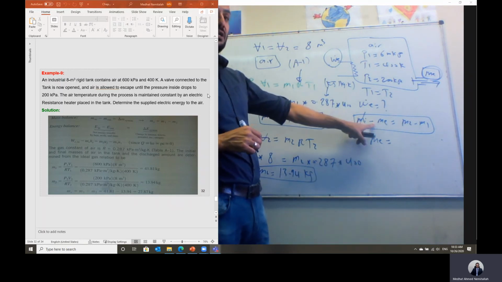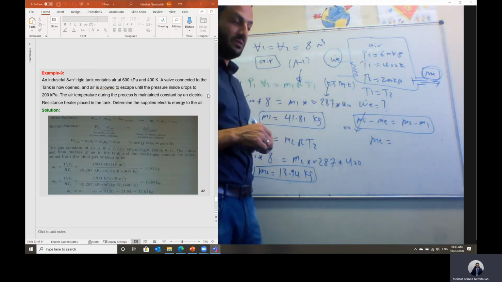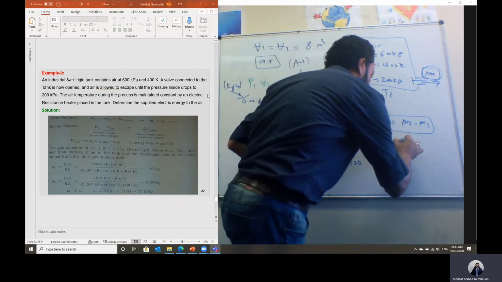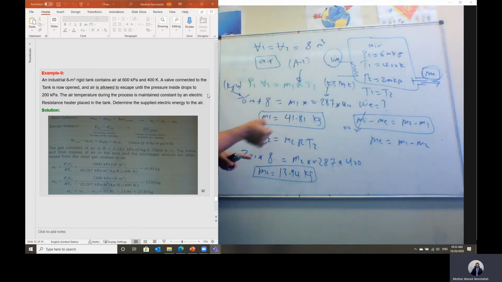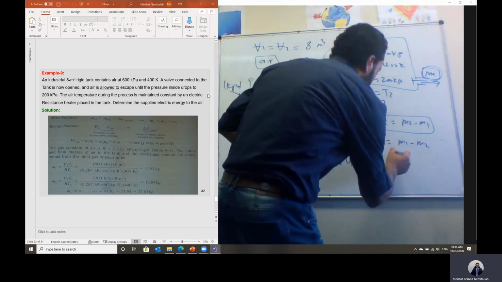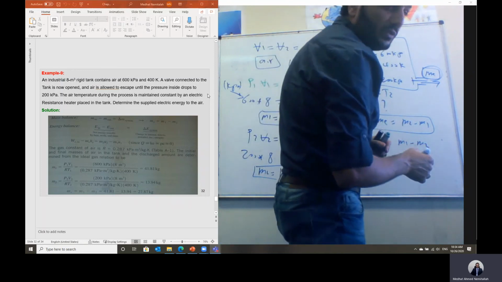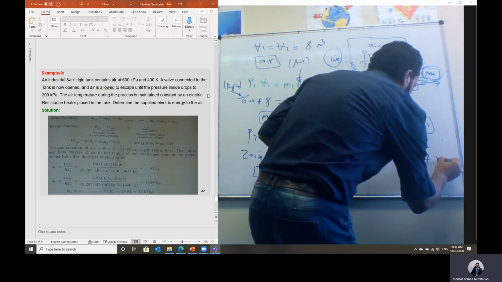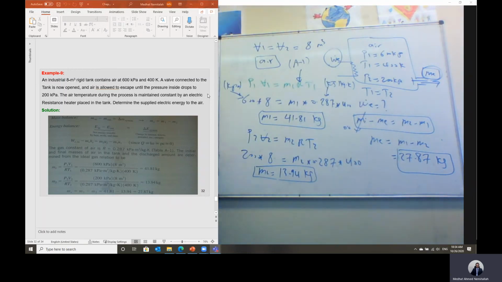We have a negative sign here, so we can take it to the other side. So M exit will equal M1 minus M2. M1 is 41.8, M2 is 13.9. If you calculate this difference, it will equal 27.87 kilogram. This is the mass of air that left this tank.